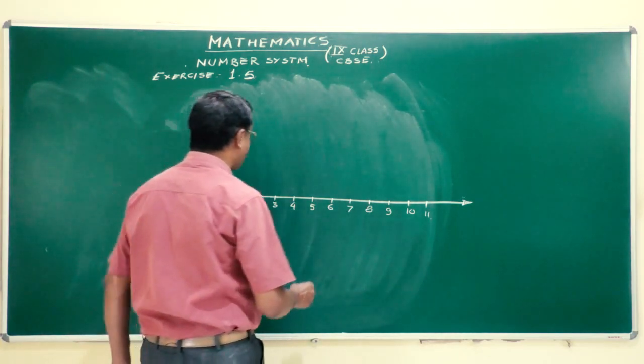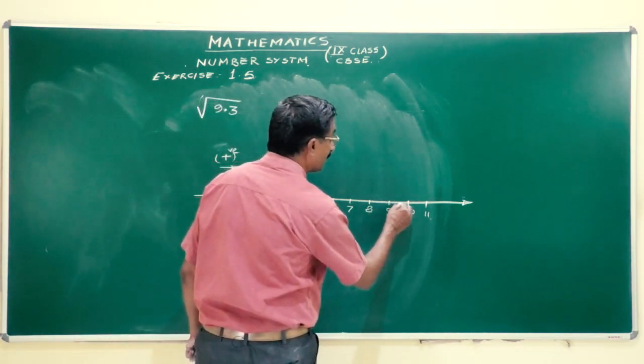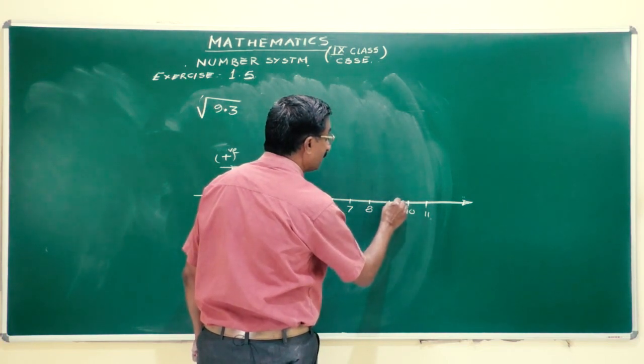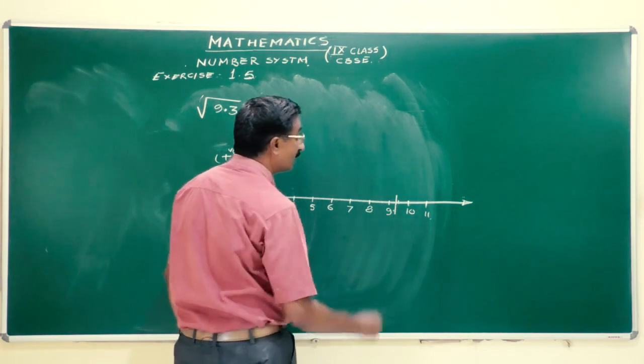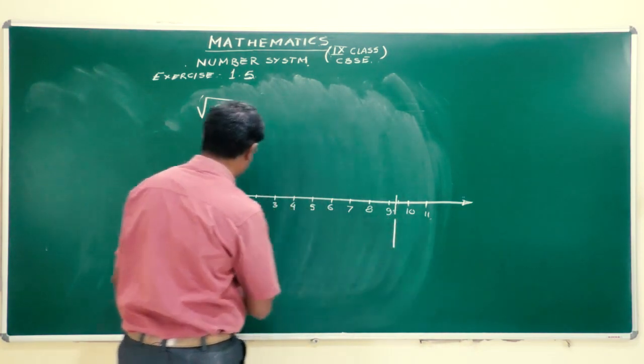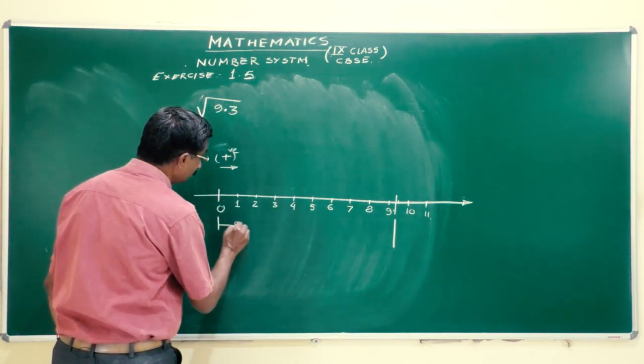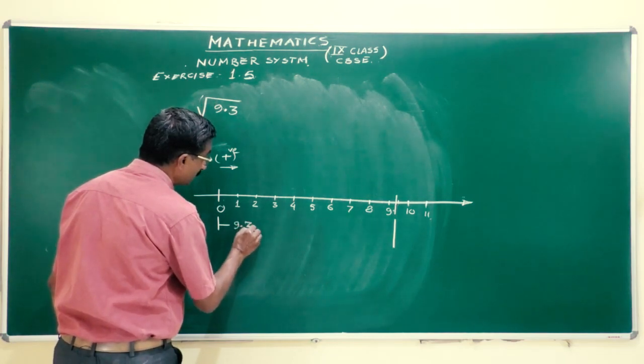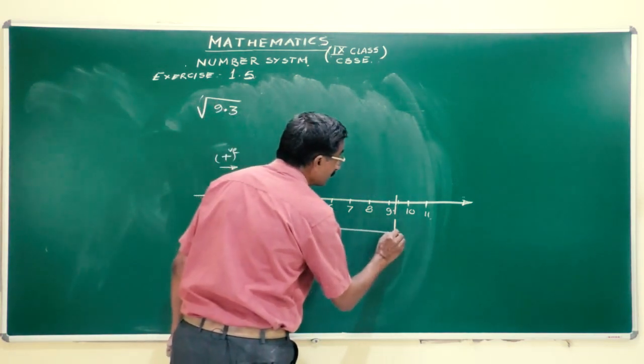Now first of all mark the point 9.3, somewhere this is 9.5, this is 9.3. Clear? This distance is 9.3.